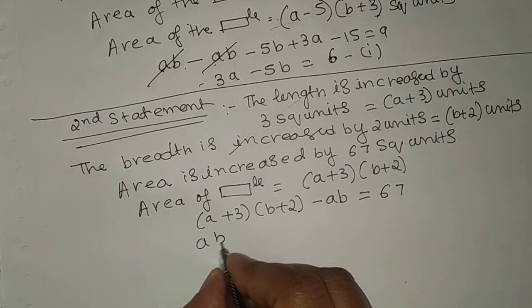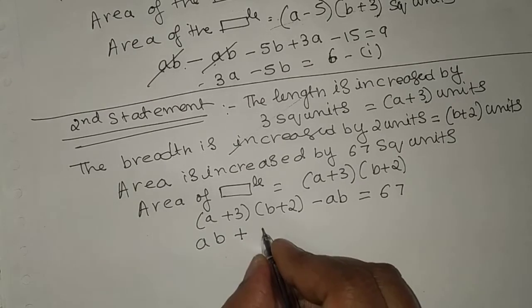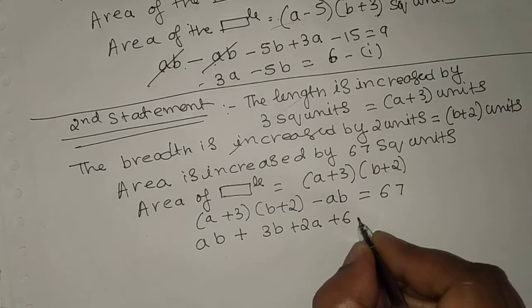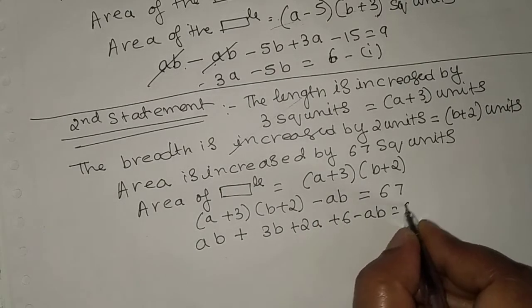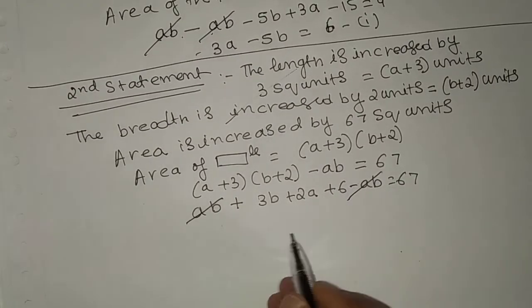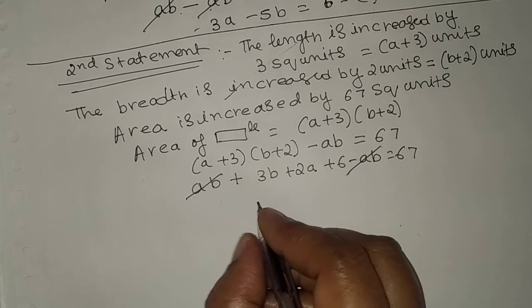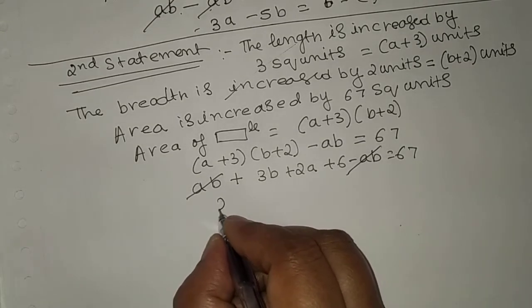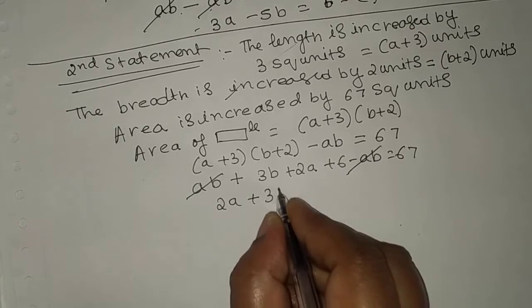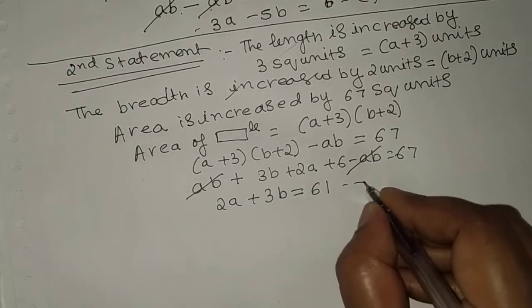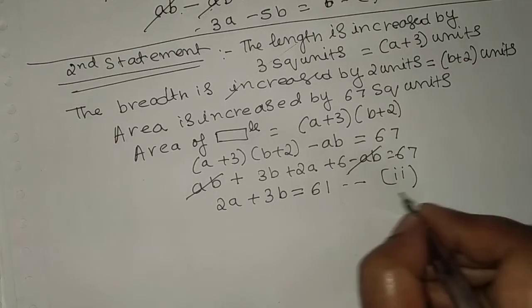Simplifying, AB plus 3B plus 2A plus 6 minus AB is equal to 67. So this one cancels. Finally, simplifying all, we get 2A plus 3B is equal to 61, which is the second equation.